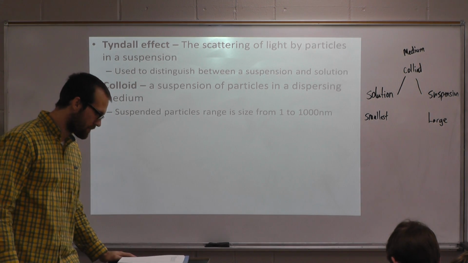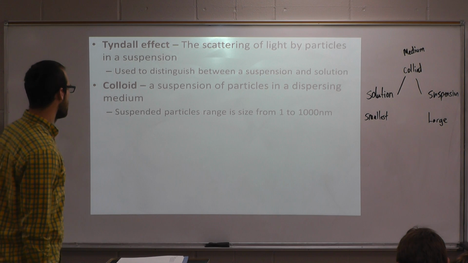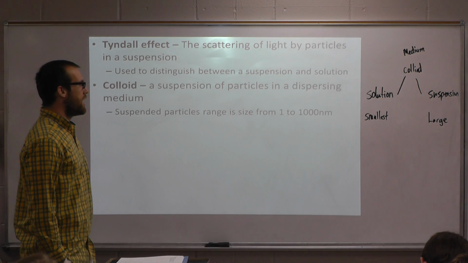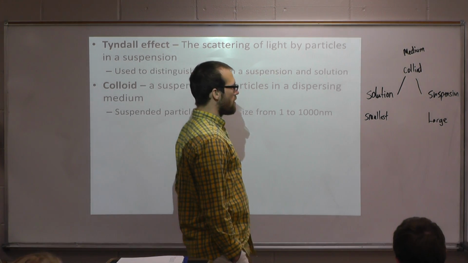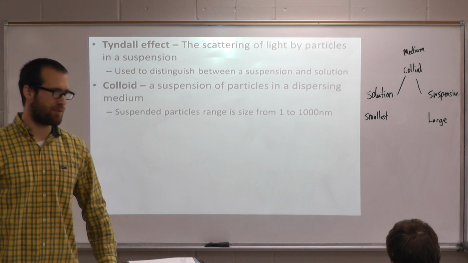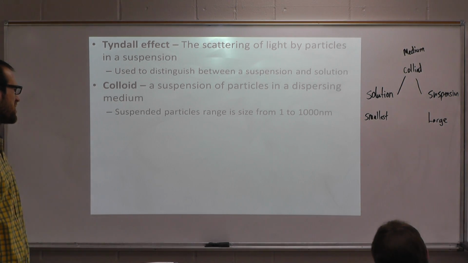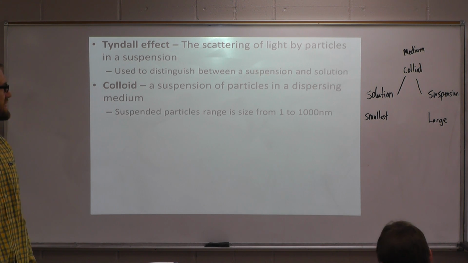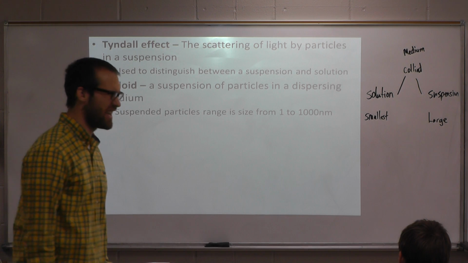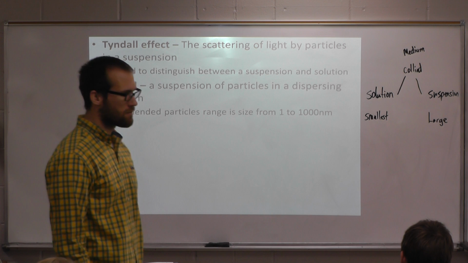So the particles are somewhere in between the two, so it has properties similar to both of them, usually closer to solutions, and usually you cannot tell the difference between a solution and a colloid very well. Sometimes it looks hazy, but most of the time you can't even tell.